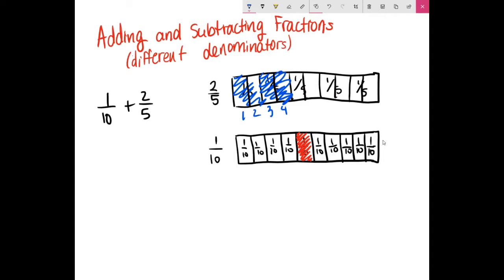Now they are also the same size as the pieces in the second strip that has 10 pieces. Both have 10 pieces now, so we can now add these two fractions. This is now multiplied top and bottom by 2, and we got 4/10. Now we can add our 4/10 to our 1/10, and let's see what we get.